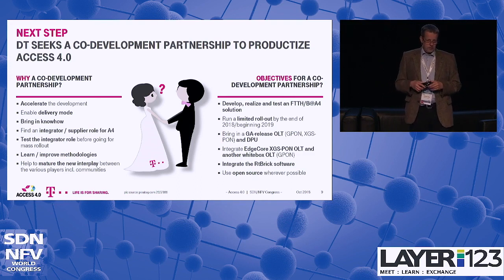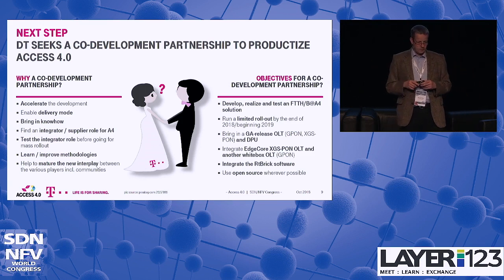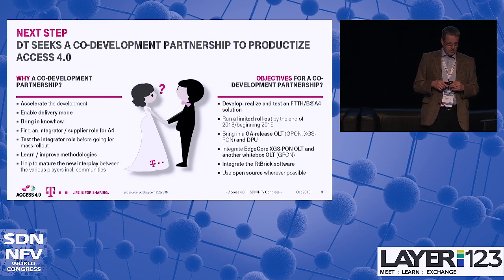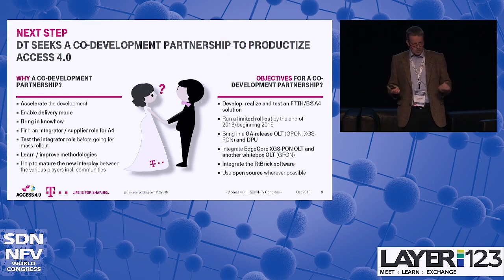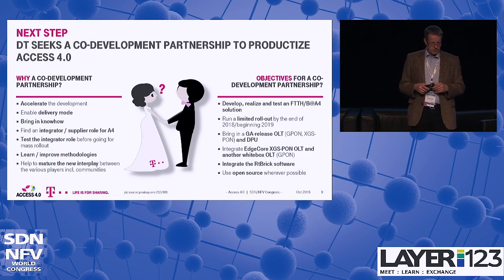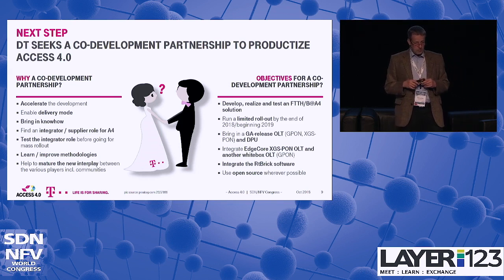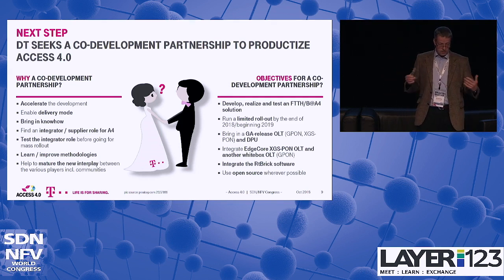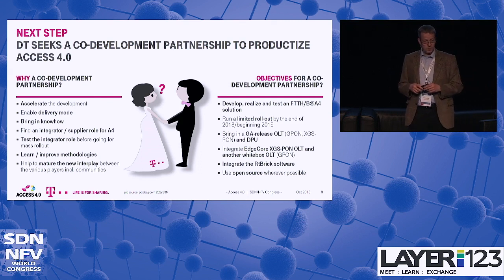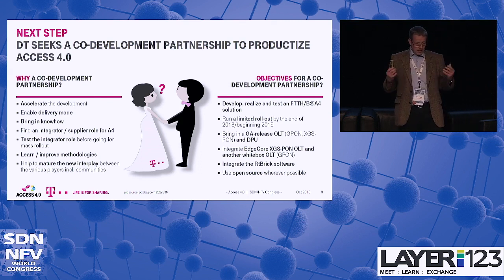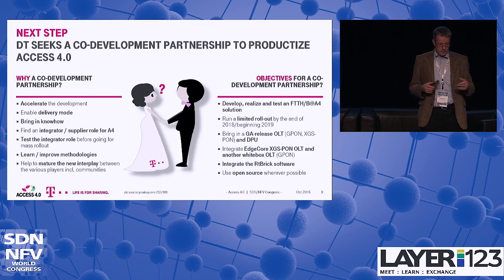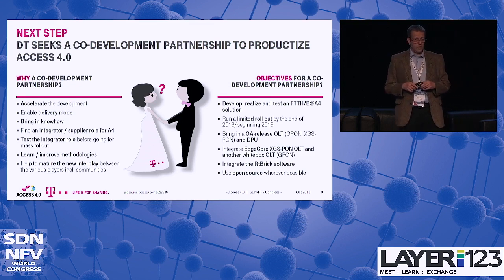So if we are looking for a co-development partnership for productizing the Access 4.0, we need somebody who shares the vision, accelerates the development, enables the delivery mode, and brings the know-how into that joint work from both sides. This is a process of finding the integrator and the supplier role for A4.